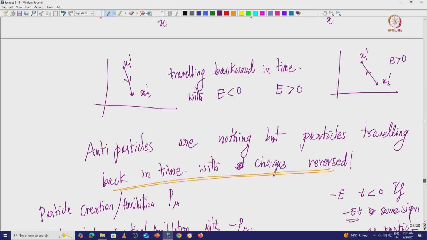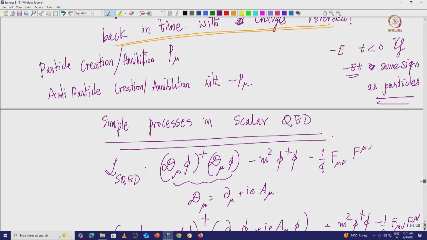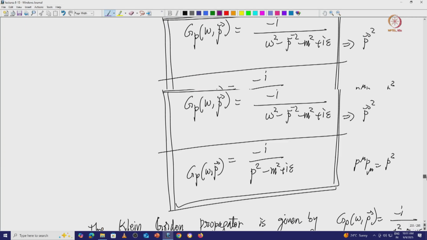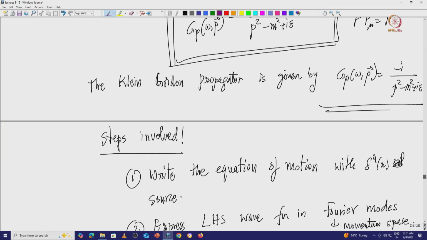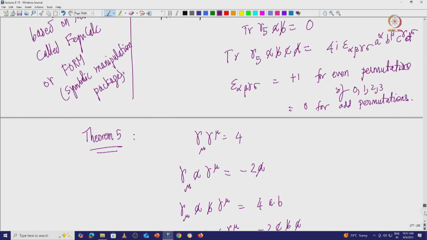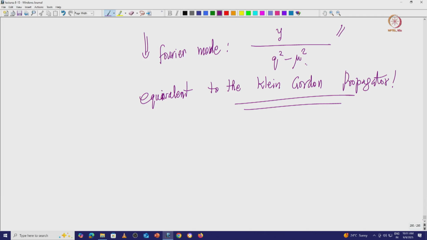I think for the pions we derived it already: 1 by p square minus m square plus i epsilon, with a constant y. So this is exactly the propagator we have.